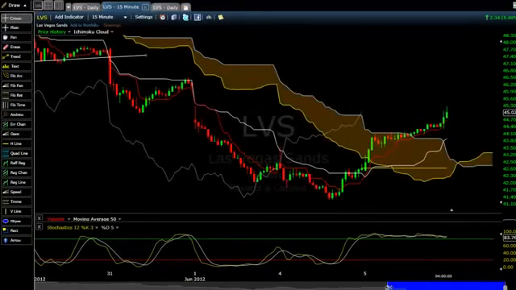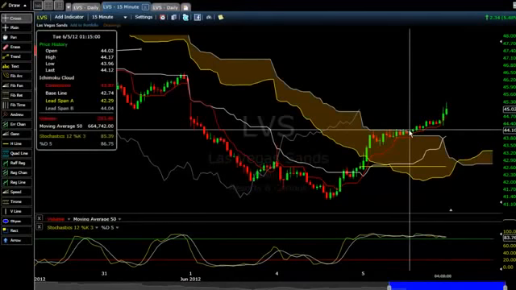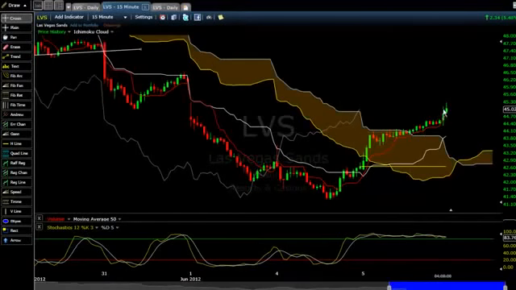We had this situation here where I kept saying that eventually price is going to break through the Kumo, and you can see that we rallied from 44.05 up to $45. So that was a dollar move once we had that Kumo breakout to the upside on a 15-minute.